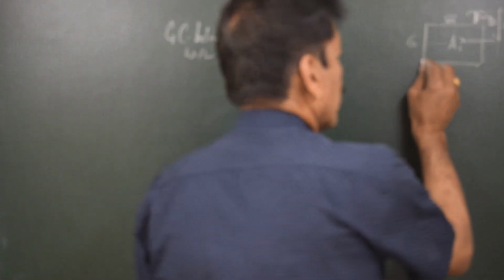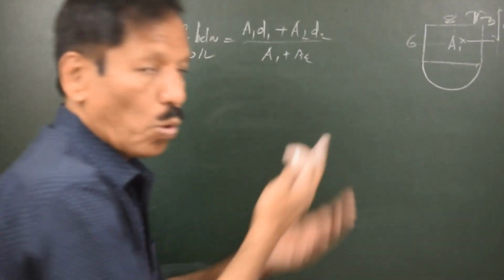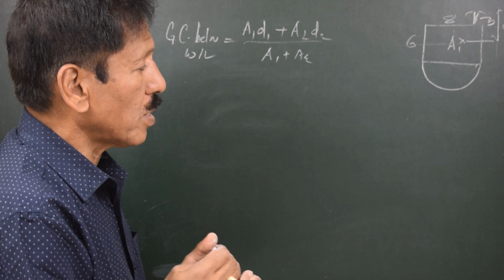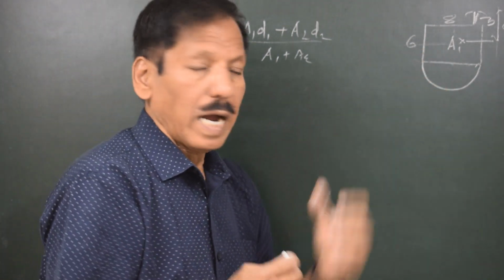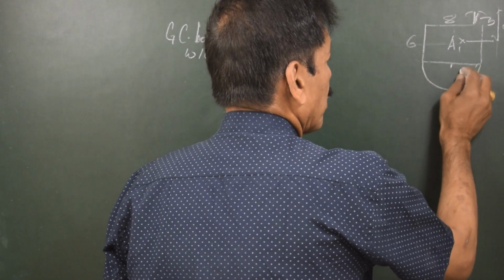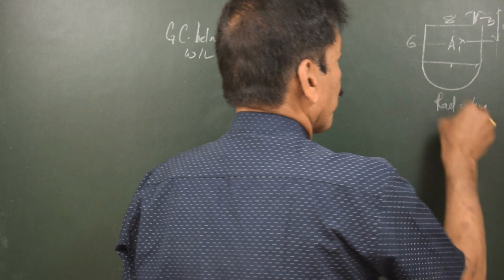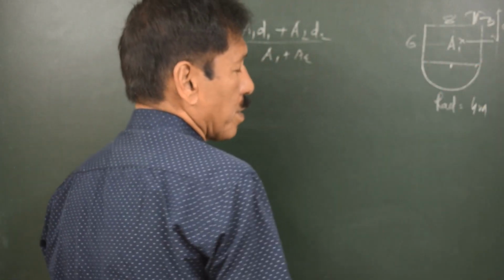So there is a semicircle, the bulkhead that we face, with water on the other side. This is a combination shape, a rectangle and a semicircle. From the diagram you can see that the radius will be 4 meters because the diameter is 8 meters, right?